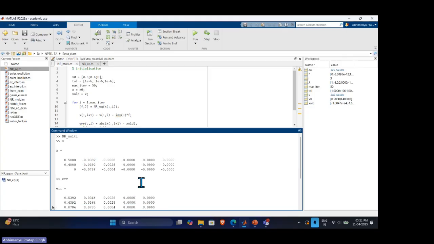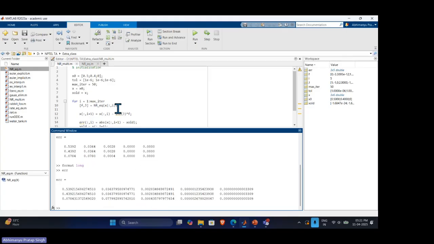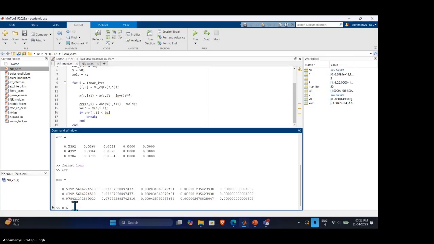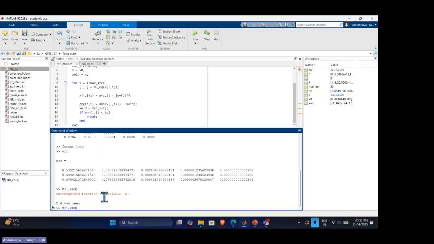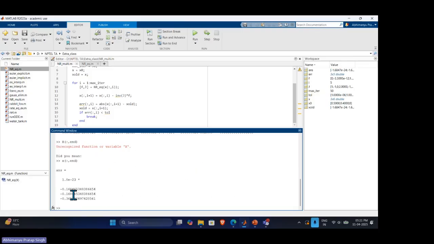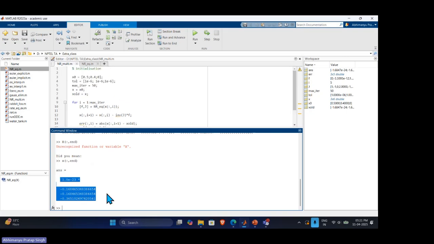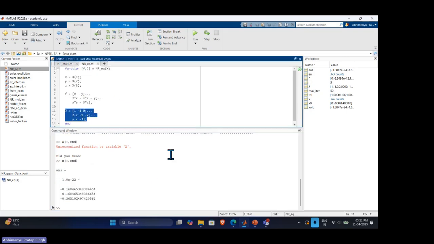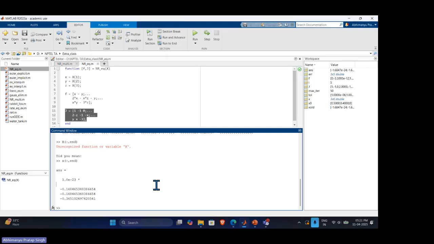Yeah, so the final solution that we are getting is this. And if I put that in my NR equation, the F value that we should get should be 0, right?